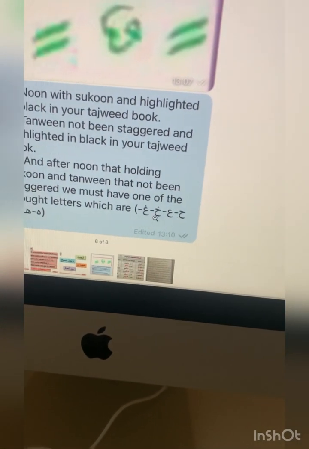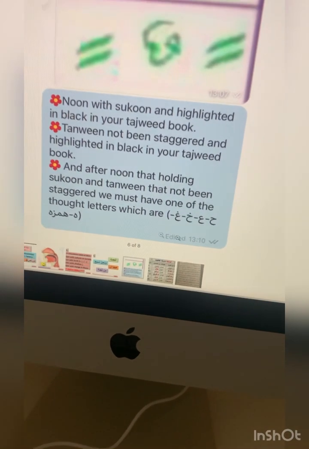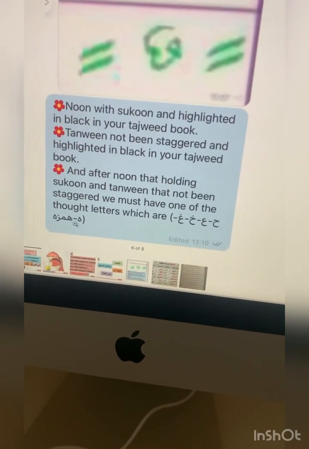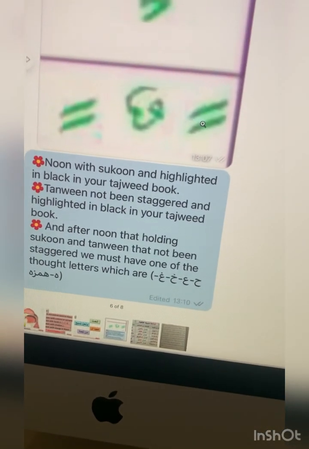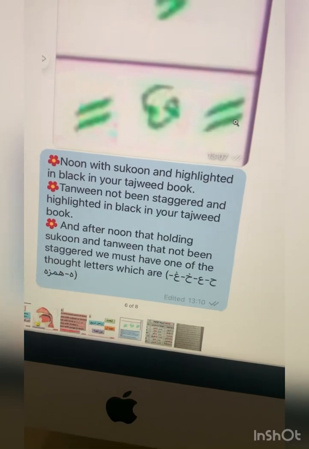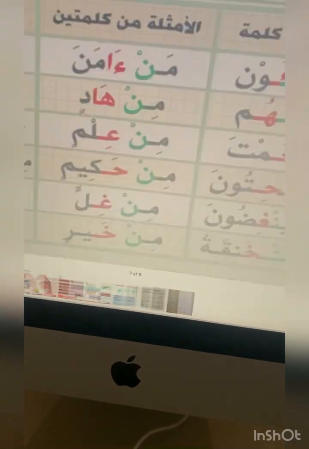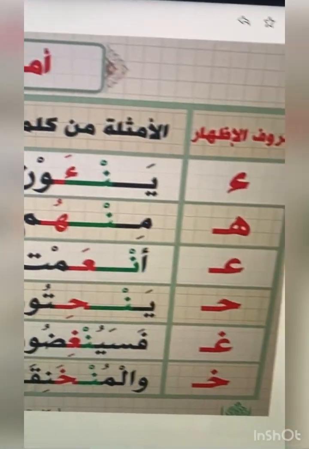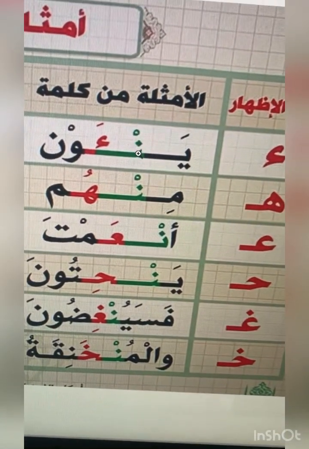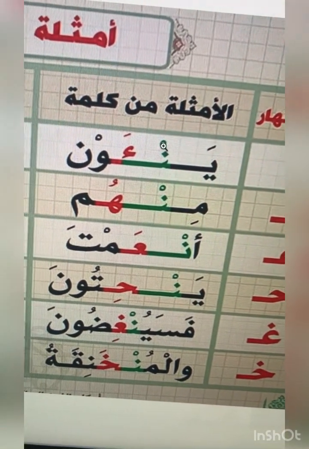It is not necessary to memorize these letters. As long as you find noon holding sukun highlighted in black, and tanweens highlighted in black and not staggered, just look after them and you can find one of the throat letters. As we can see in these examples, noon here is holding sukun.